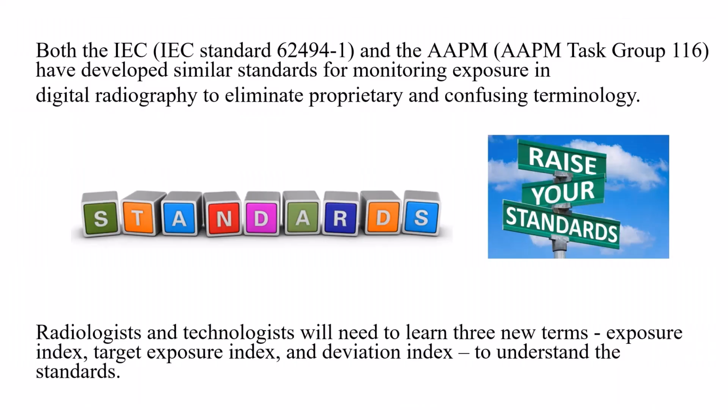Both radiologists and technologists will need to understand the three terms exposure index, target exposure index, and deviation index to understand the standards of the IEC and AAPM. AAPM is the American Association of Physicists in Medicine.